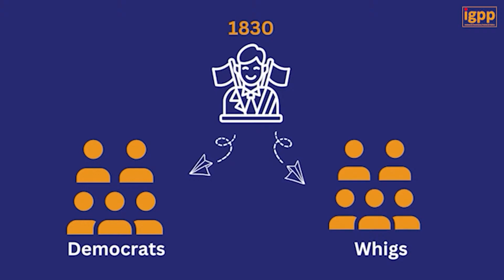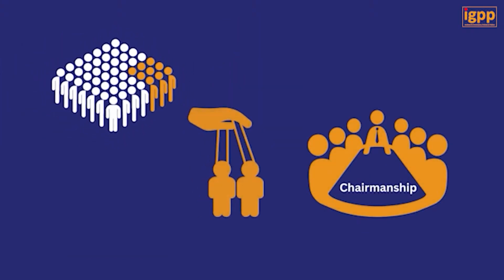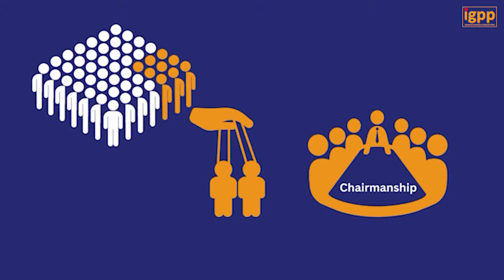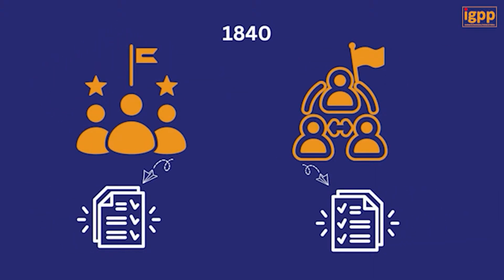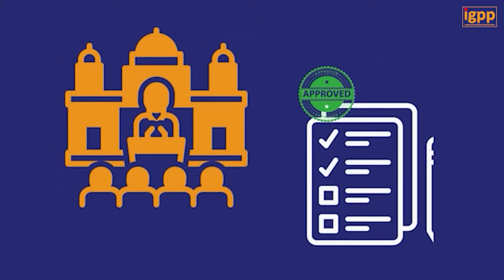The party in the majority controlled the chairmanships and a majority of seats on most, if not all, of the standing committees. In the 1840s, each party began determining committee assignments of their members and submitted a list of assignments to be approved by the full Senate.